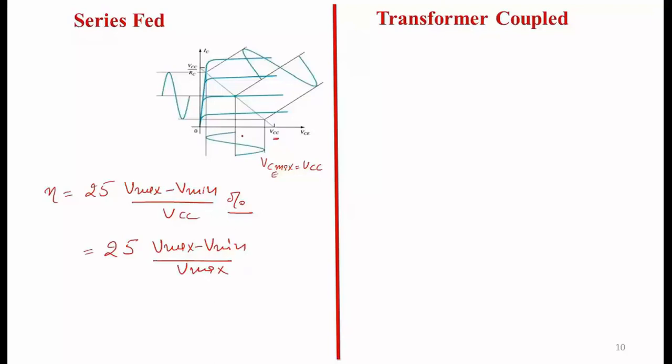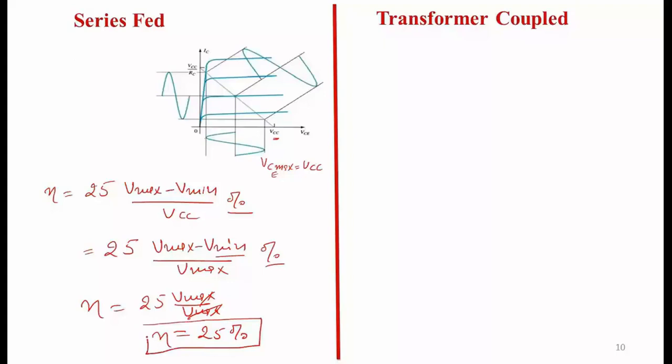For the full output swing, V minimum is at 0 point. So we put V minimum equal to 0 and we find eta is equal to 25 Vmax by Vmax, that is equal to 25%.